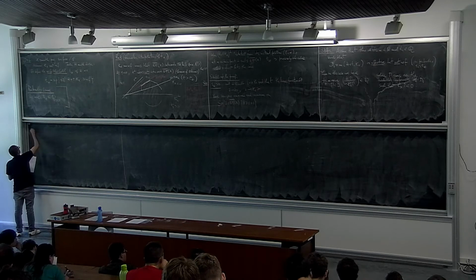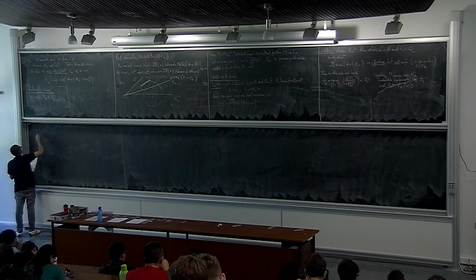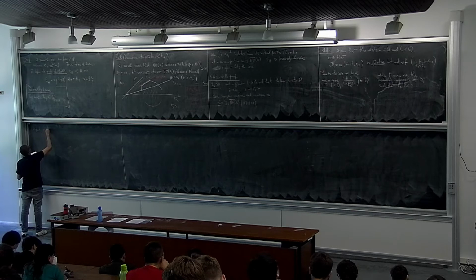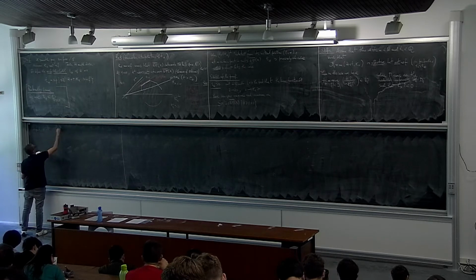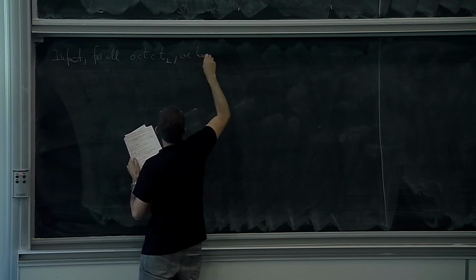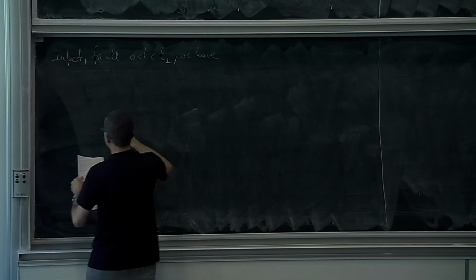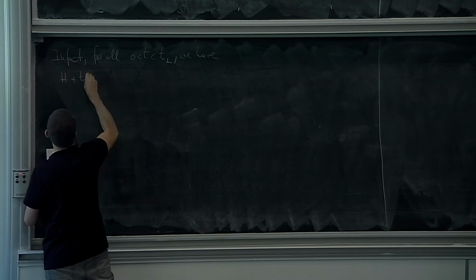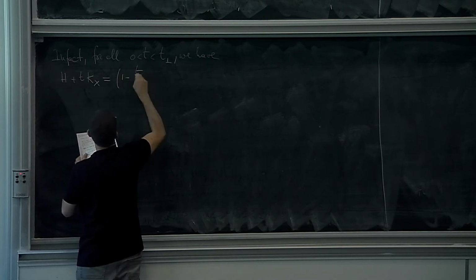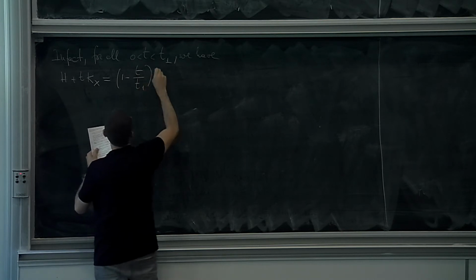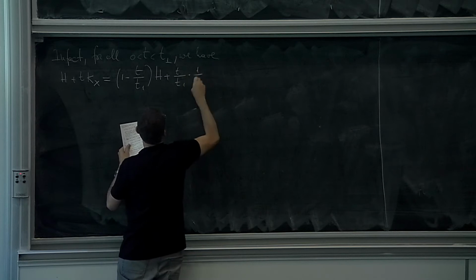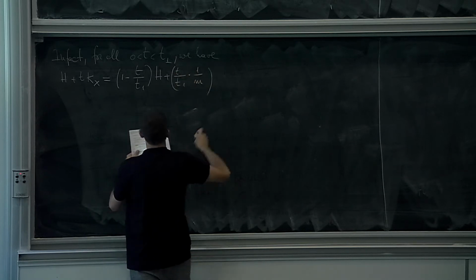Just write this: for all t between 0 and T1, we have H + tKX can be written as (1 − t/T1)H + (t/T1)(1/m)D1.